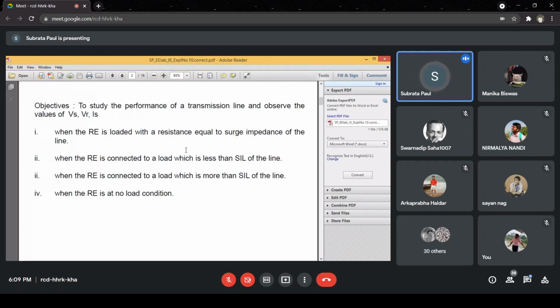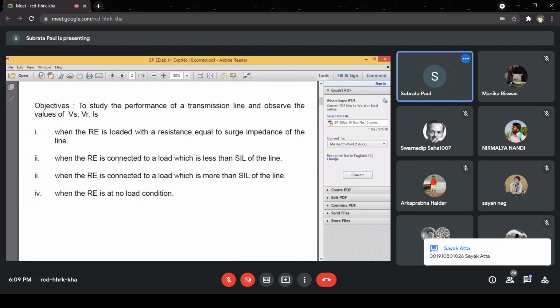The power transferred to a resistive load whose resistance is equal to its surge impedance is called SIL. That means in the first part, we are actually loading the line with SIL.